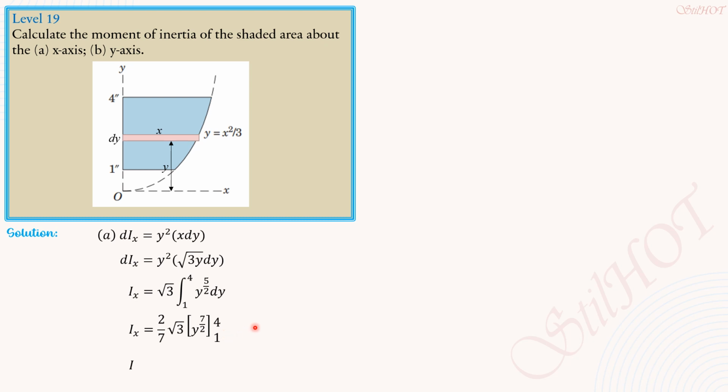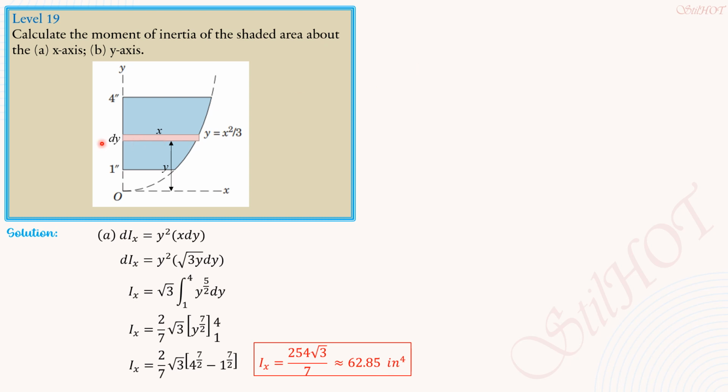So using the calculator, Ix is 2 square root of 3 over 7 times 4 to the 7 halves minus 1 to the 7 halves, which is just 1. So Ix is equal to 254 square root of 3 over 7, and that is approximately 62.85 inches to the fourth.